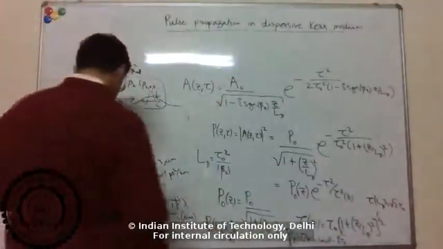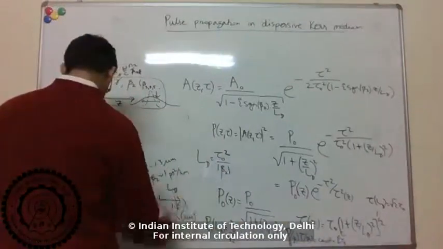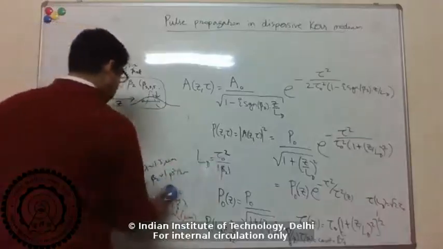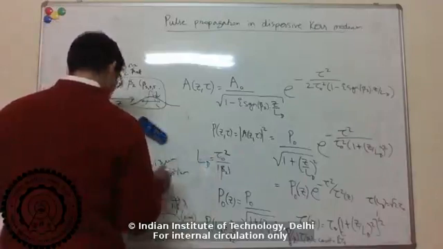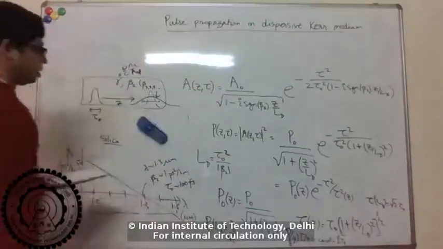Okay, so if you calculate this LD, of course we have to take some pulse width, right? So if we take a typical tau naught, for example, 100 femtoseconds, which is quite short.